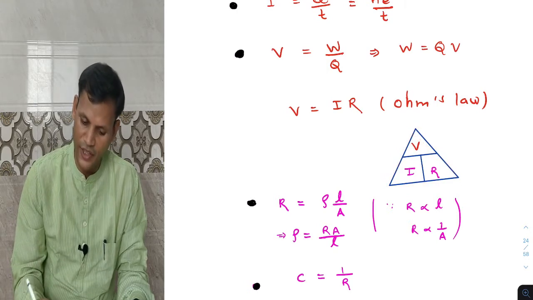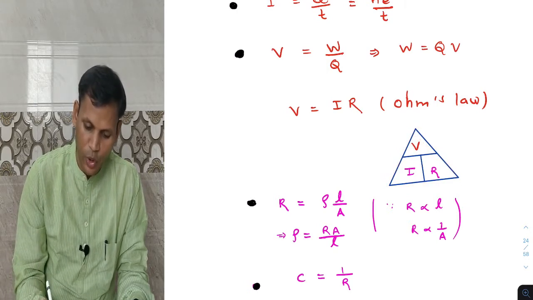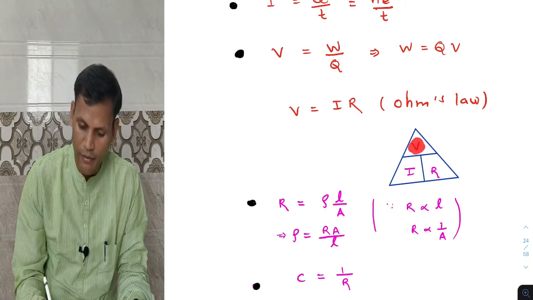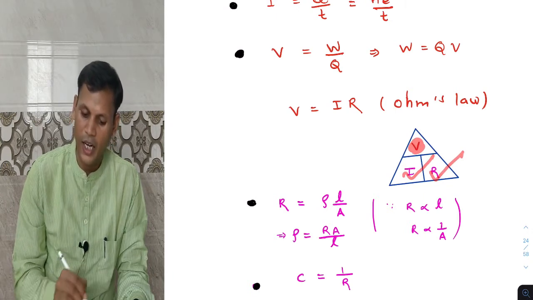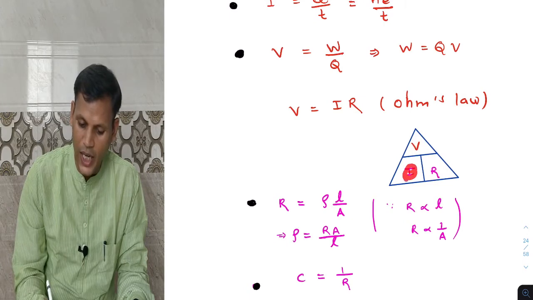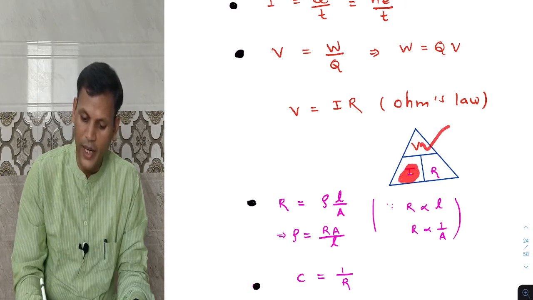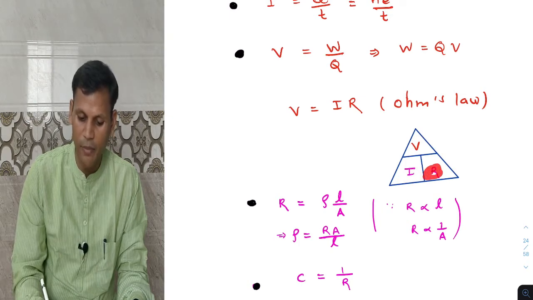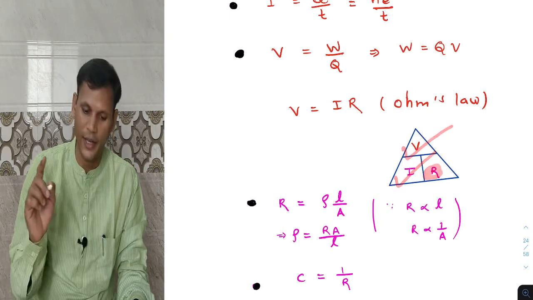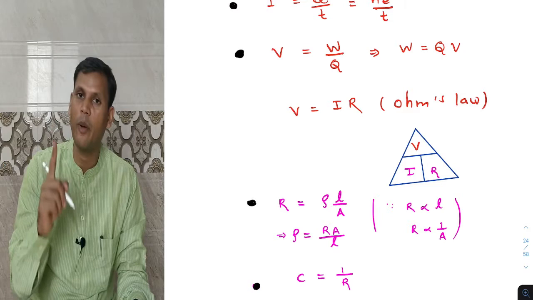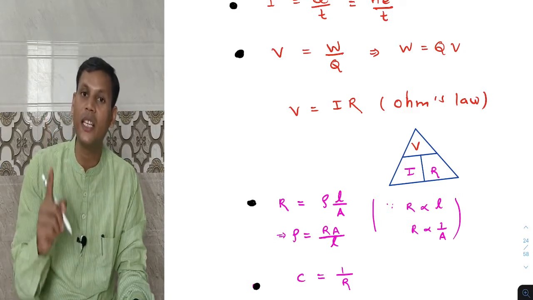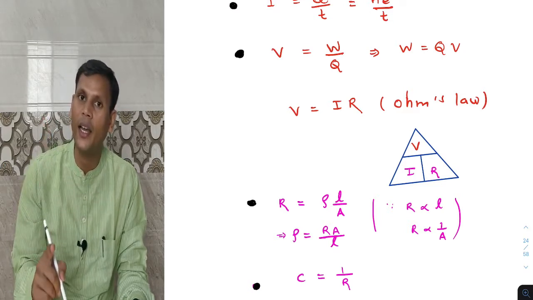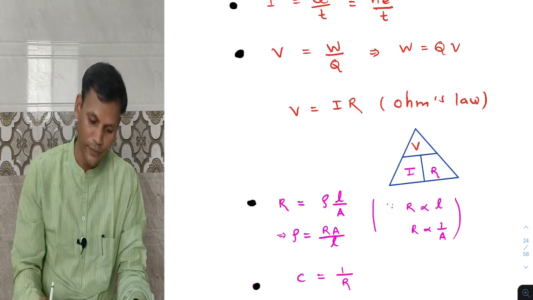If we have to calculate V, it will be I into R. If we have to calculate I, it will be V by R, and if we have to calculate R, it will be V by I. At least one formula we have to remember, that is V equals I into R.